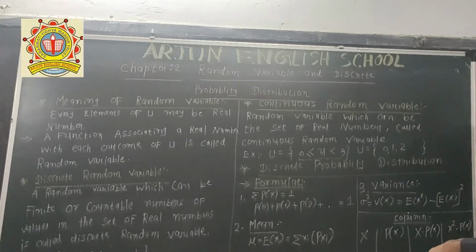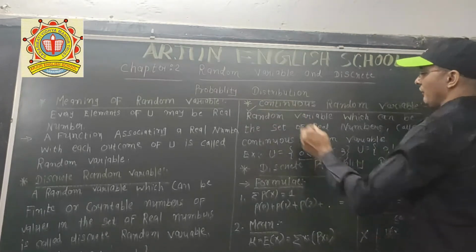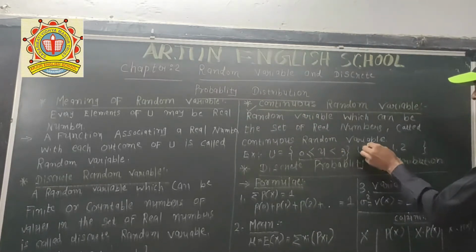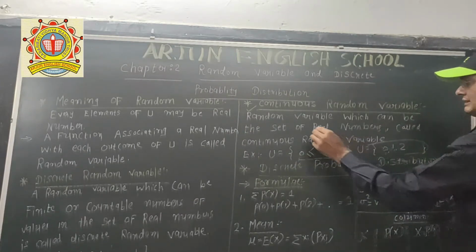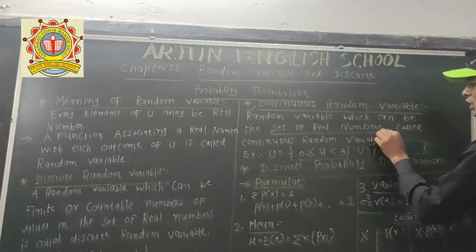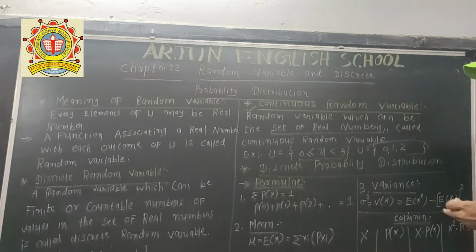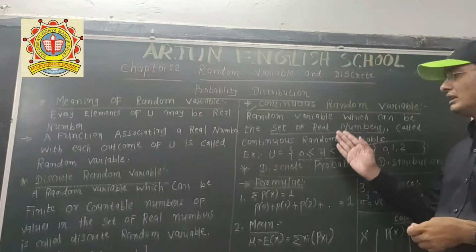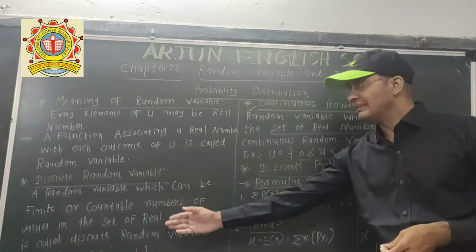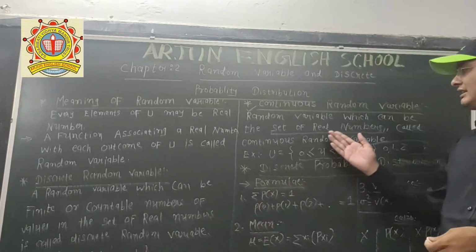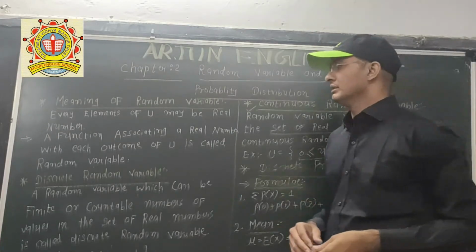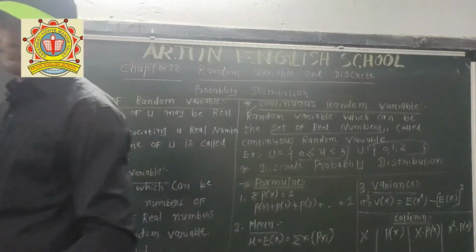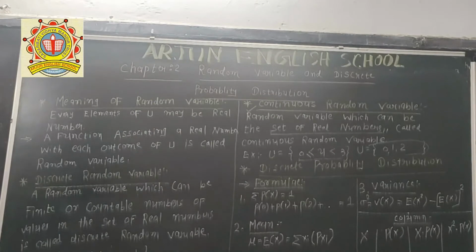So it is called a continuous random variable. We know the range of values from here to here, but it is a set of real numbers. The values are not directly given in the question, because if all the values are given, then it becomes a discrete random variable, and if a set of numbers is provided, then it becomes a continuous random variable. Simple.